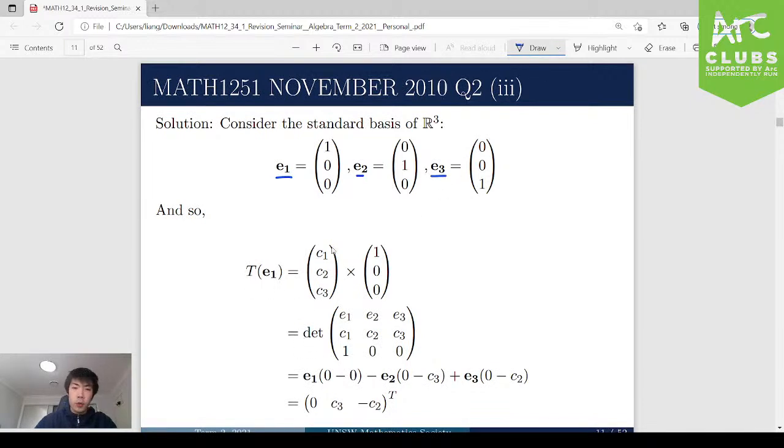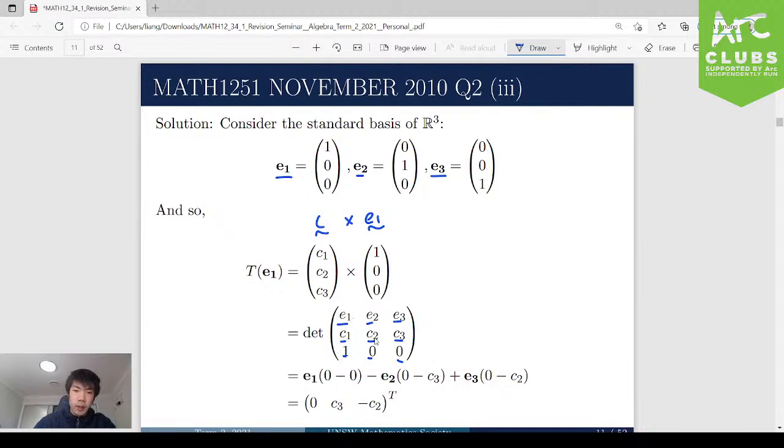T of E1 would be this vector here, your vector C, cross product with your vector E1, correct? Then if you recall how to evaluate cross products, it's basically taking the determinant, putting all the basis vectors in the first row, your first vector in the second row, and your third vector in the last row, and then evaluating the determinant.